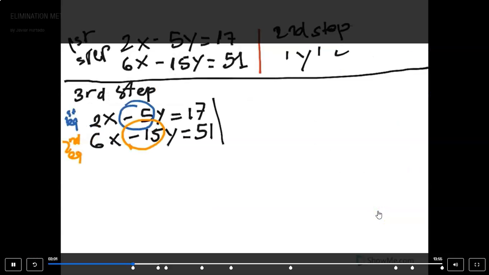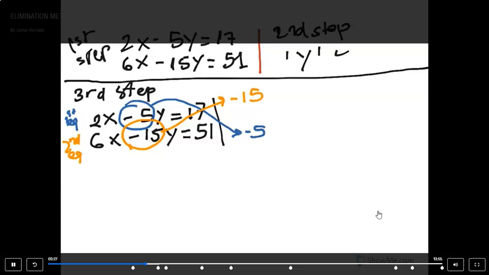So I'm going to switch them, meaning this coefficient, the negative 5, is going to multiply my second equation, so I'm going to place it here, negative 5. And this coefficient, the negative 15, is going to multiply my first equation, so I'm going to place it here, negative 15.